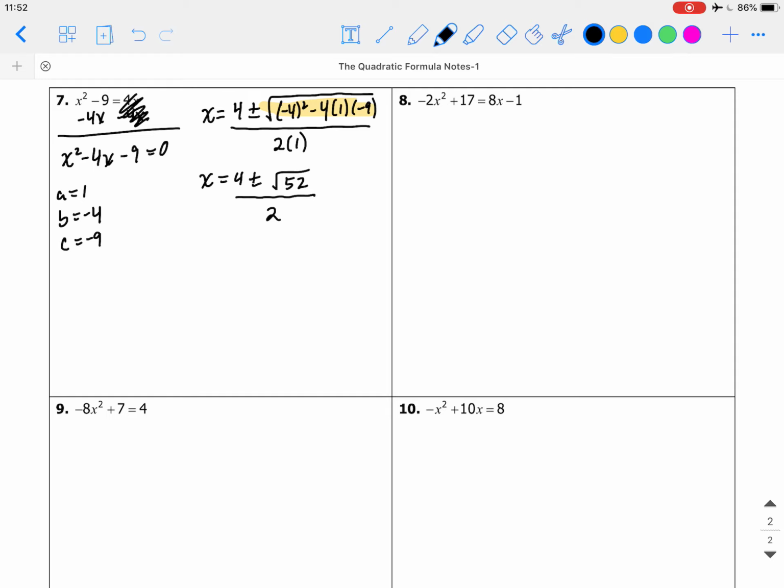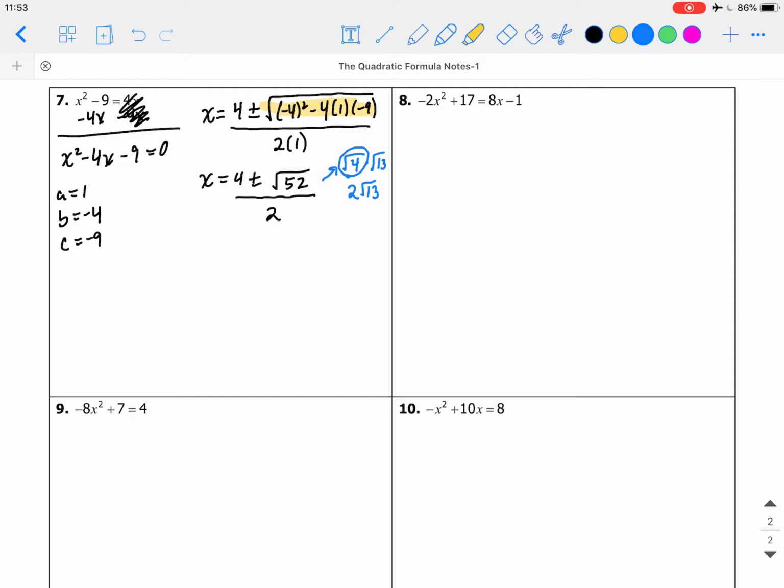But this does break up into something nice. This will actually be the square root of 4 times the square root of 13. We know that 4 is perfect, so the 4 will be able to come out, but this 13 will have to stay inside, right? So when I have the square root of 4, I know that 2 will come out, and this 13 will have to stay there, right?